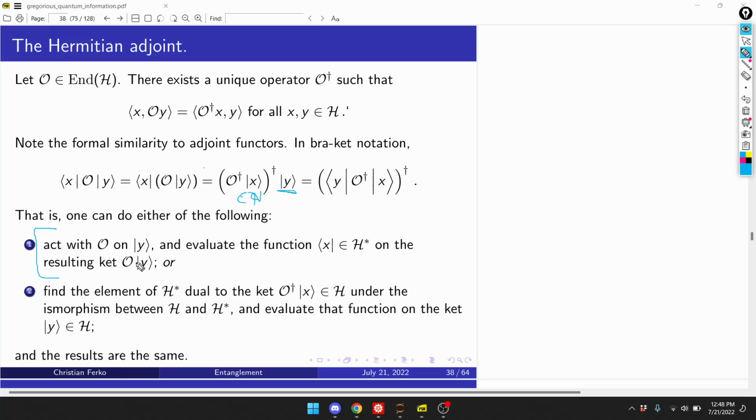The claim is that you can either act with O on Y and then let X eat that guy, or you can find the bra dual to O dagger X and let that guy eat Y. And you'll get the same answer.